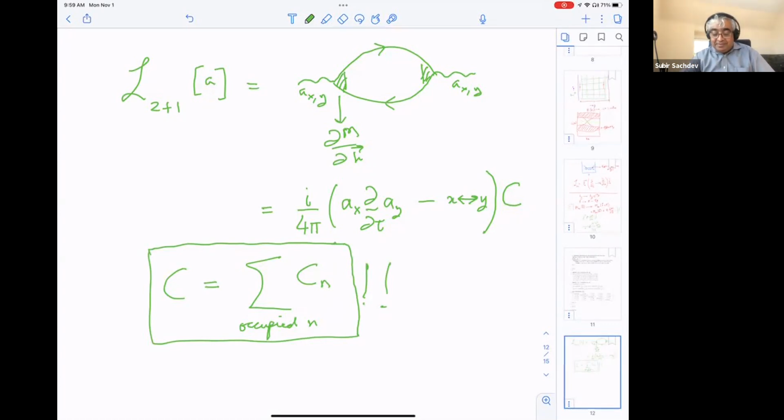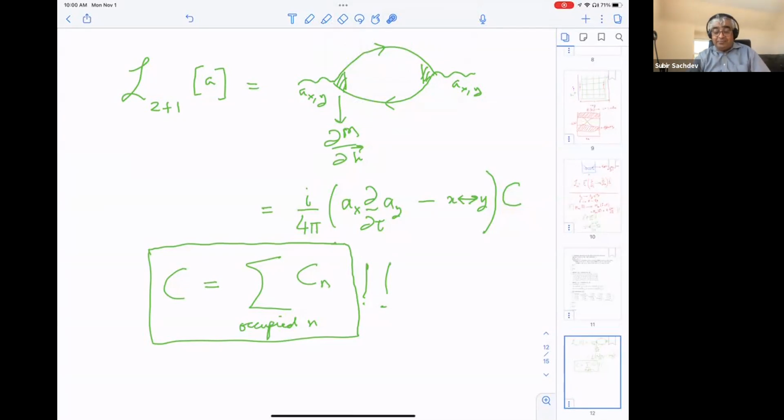I think I've outlined all the steps here. It's really not a difficult calculation at this point, and again, it's in the notes. I've shown you how you get factors of dm/dk. There's a dm/dk here and a factor of dm/dk over here. Then you have a state n running through this line and a state n prime running through here.